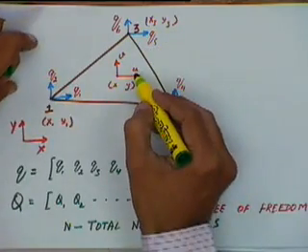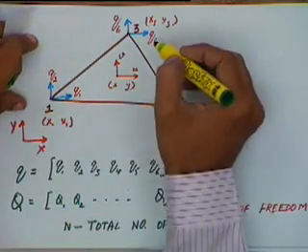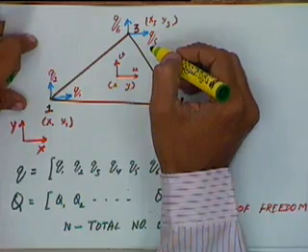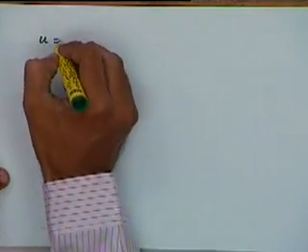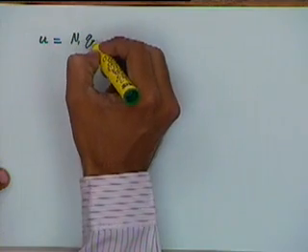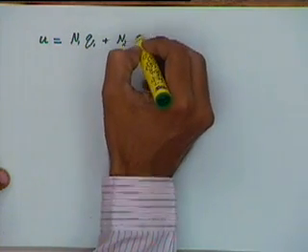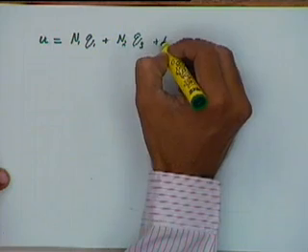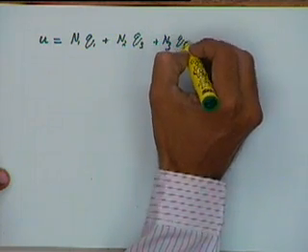So we will take it to be a combination of the three: u will be equal to n1 q1 plus n2 q3 plus n3 q5.